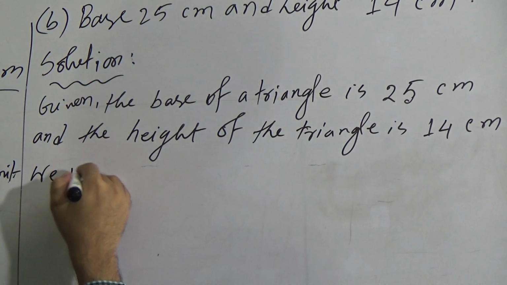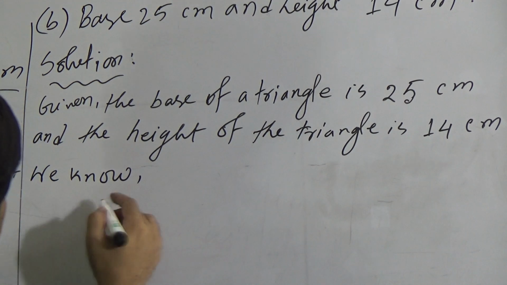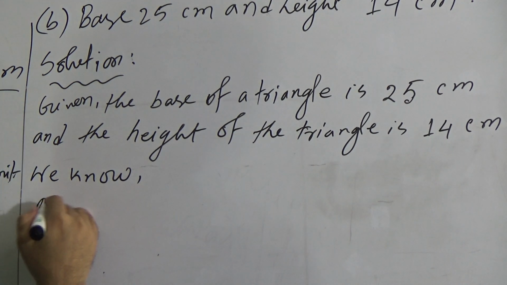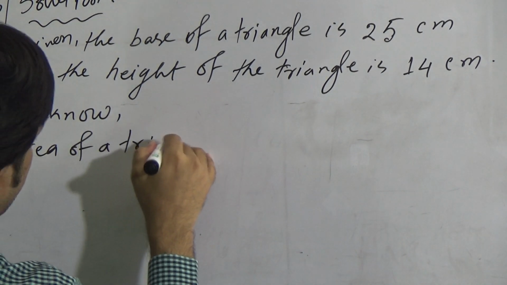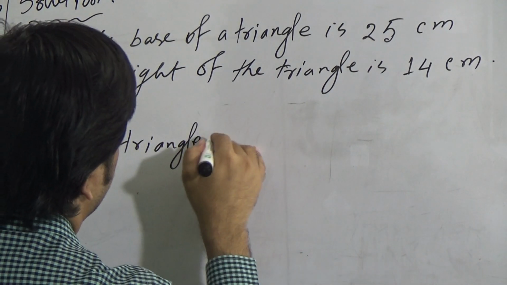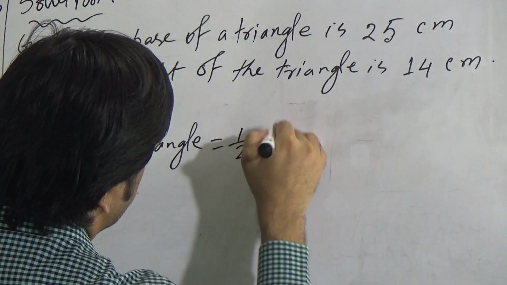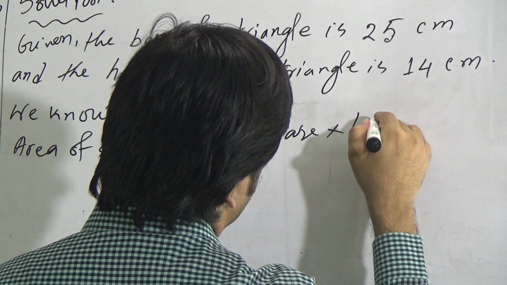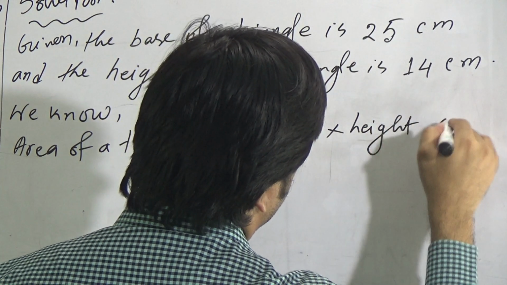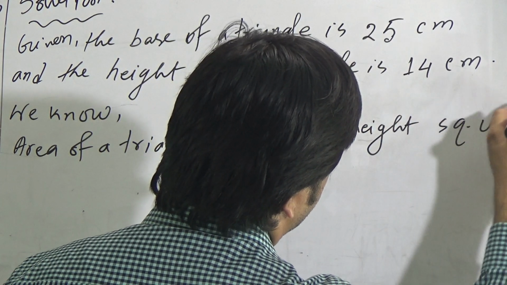We know area of a triangle is equal to half into base into height. This is square unit.